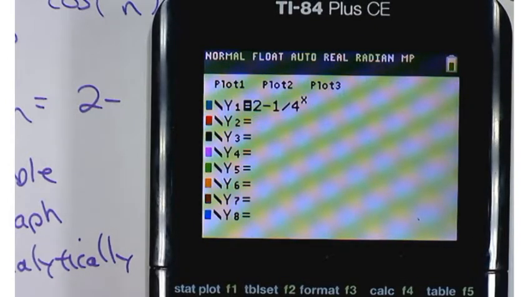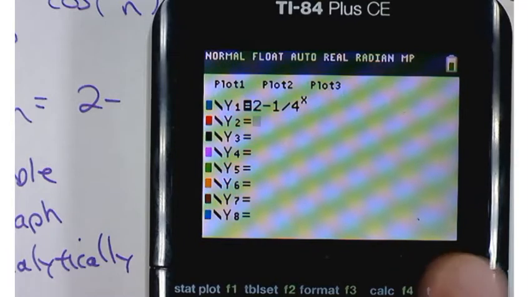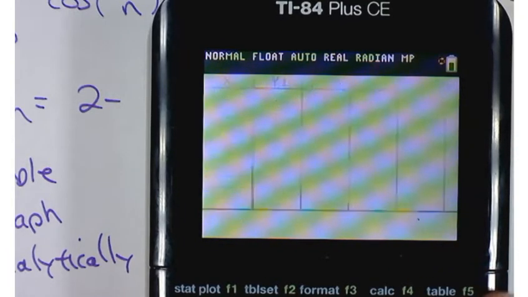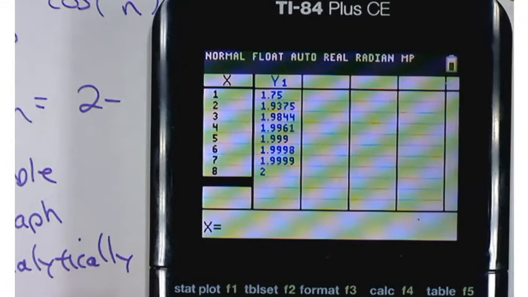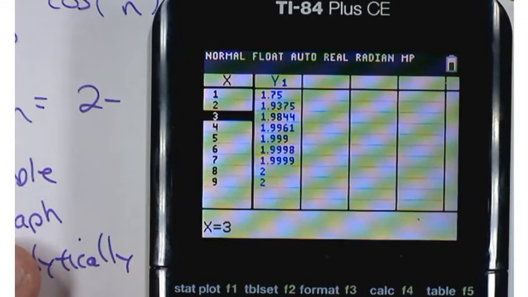And doing it this way, I'll just get a nice decimal value. That's fine. So let's go to the table, second table, and let's enter in some more values. 6, 7, 8, 9. I think we can kind of see what happens.